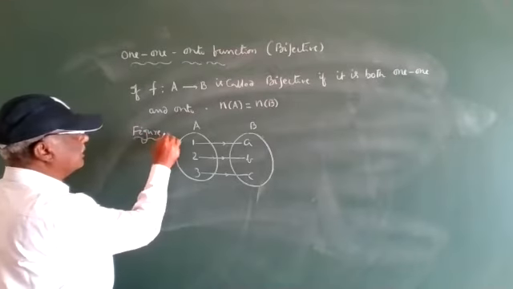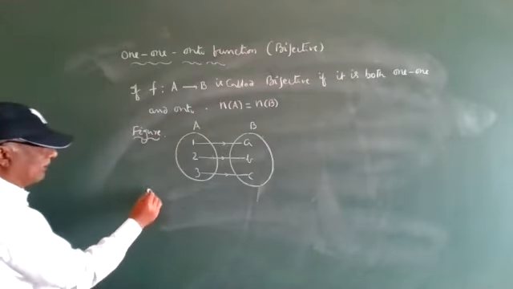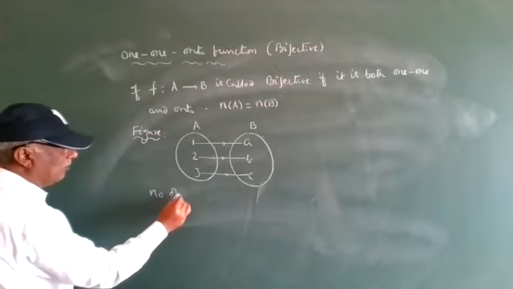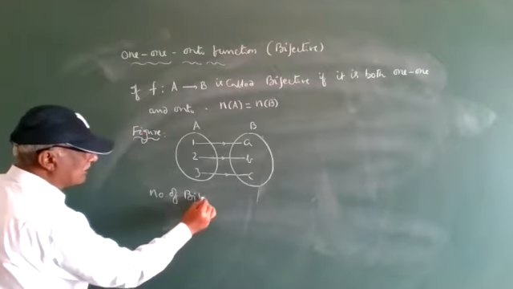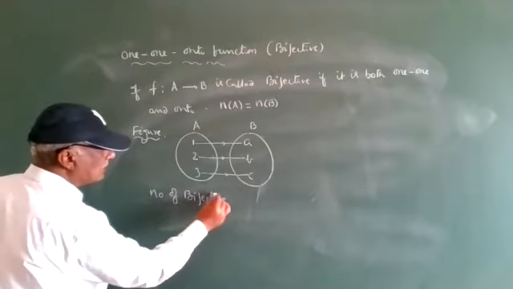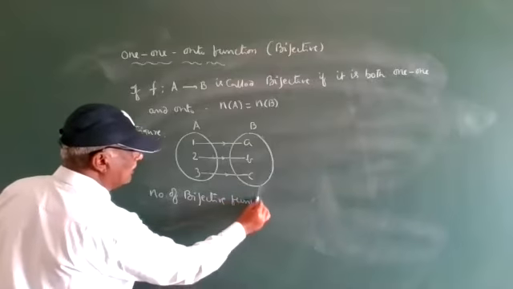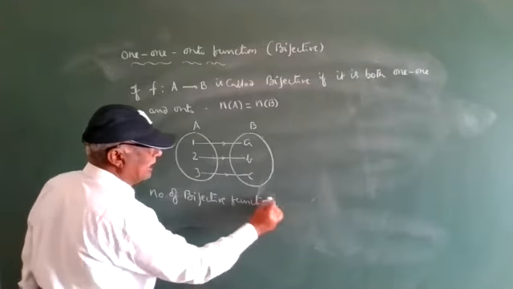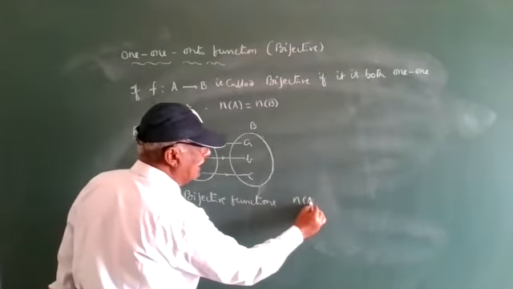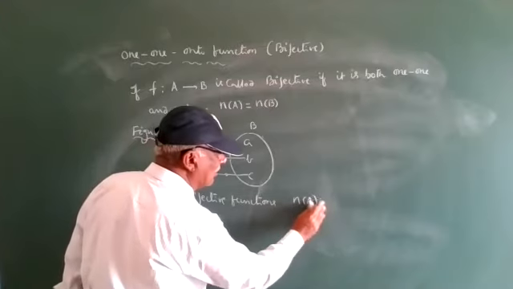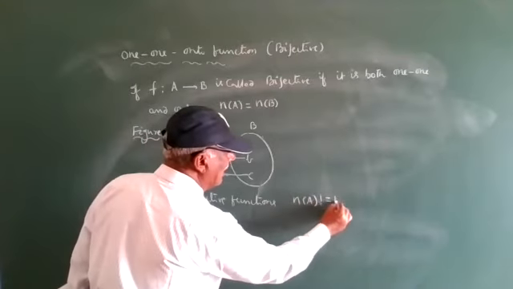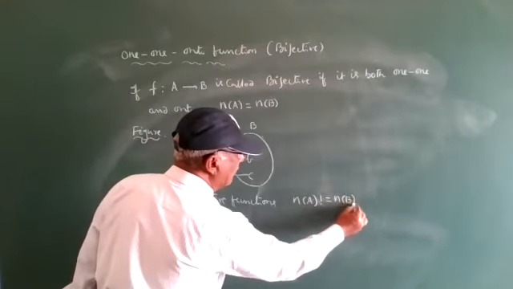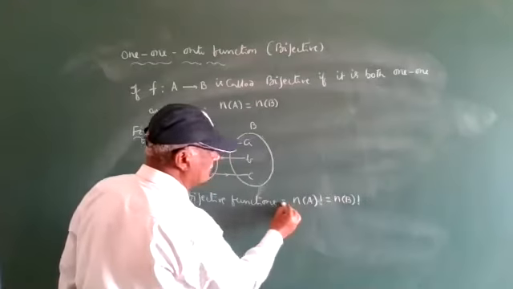Number of bijective functions. The formula is the number of elements in the A set factorial, or the number of elements in the B set factorial, either one.